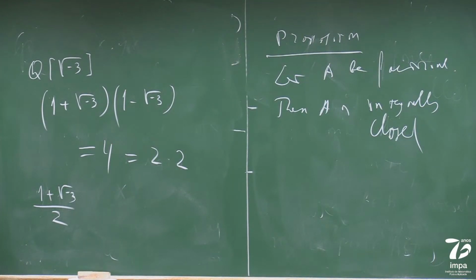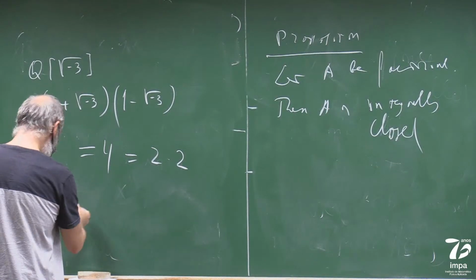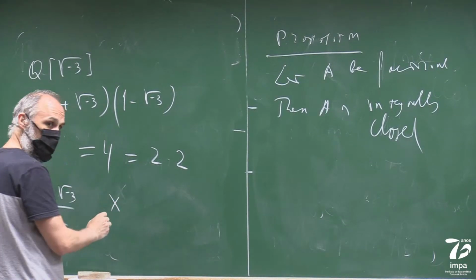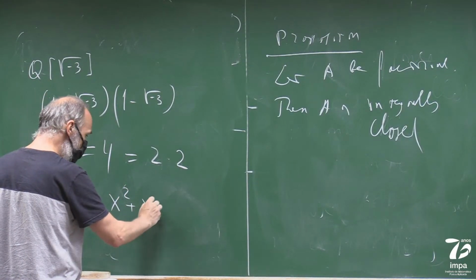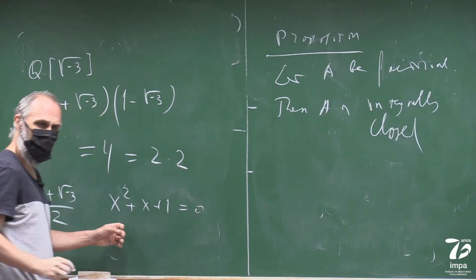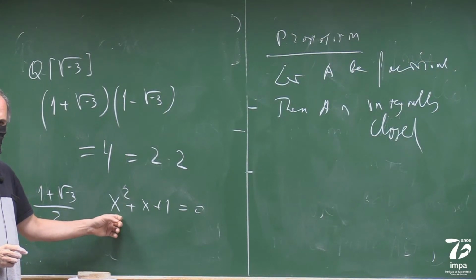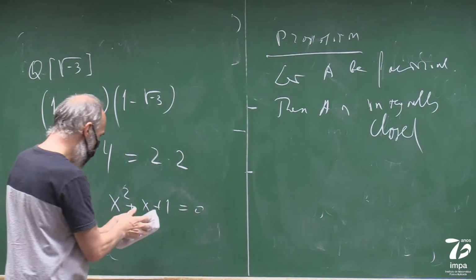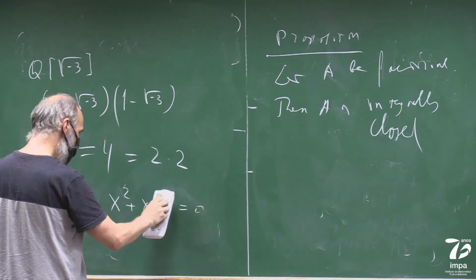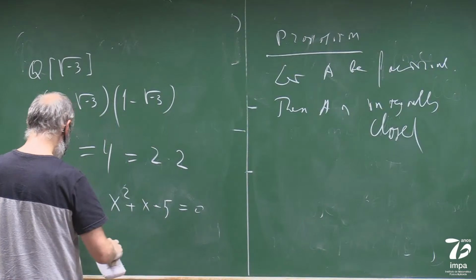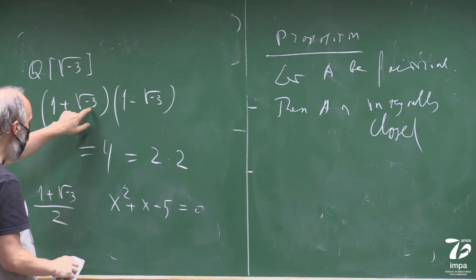it becomes integrally closed. And this is a root of something like, do you remember? Something like x squared plus x plus 1 equals 0. Something like that. Not here, but the ring Q of the square root of -3.